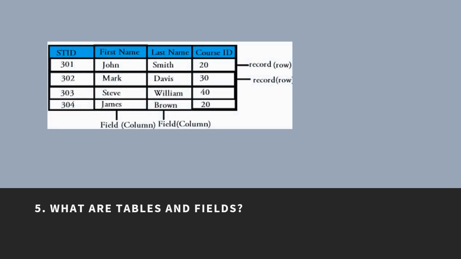What are tables and fields? A table is a set of data that is organized in a model with columns and rows. Columns are vertical and rows are horizontal.